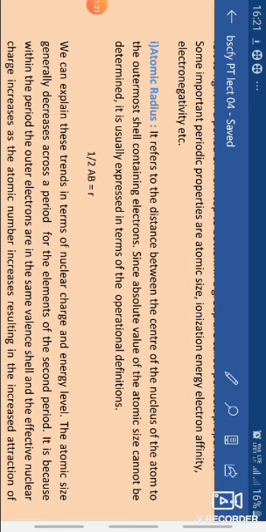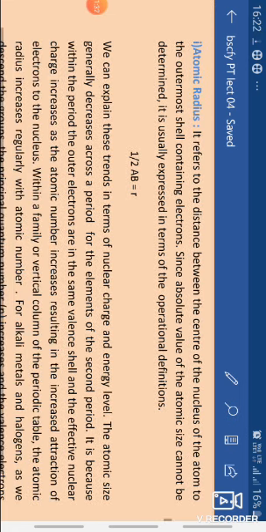Then we had seen the effect of charges on the various radii. As you know, the anionic radius is higher as compared to the atomic radius, which is higher as compared to the cationic radius.